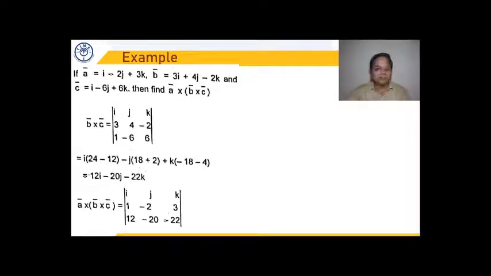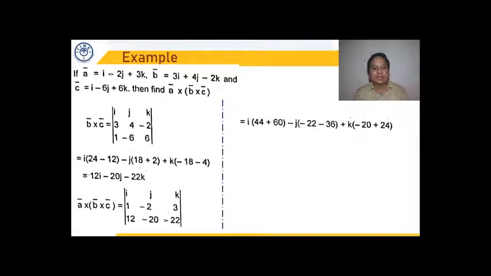Now we solve this. We get i into (44 plus 60), minus j into (minus 22 minus 36), plus k into (minus 20 plus 24).